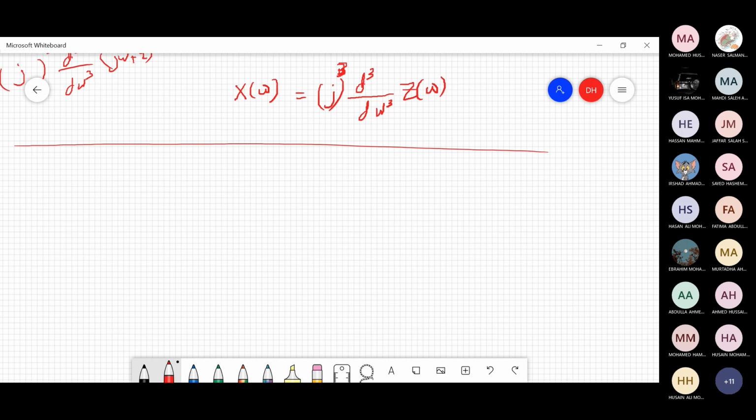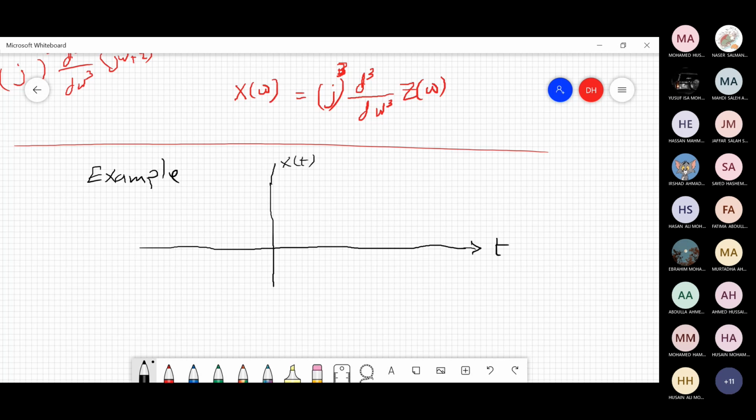Another example. Well, let me say that we have X. Okay, we want to find X of F or X of omega.